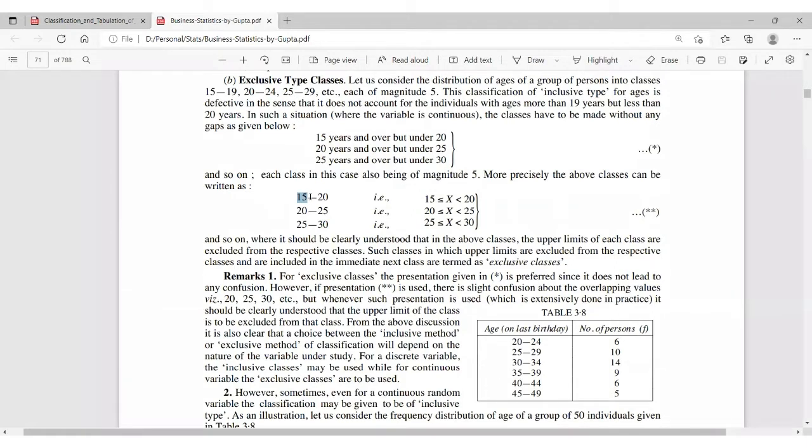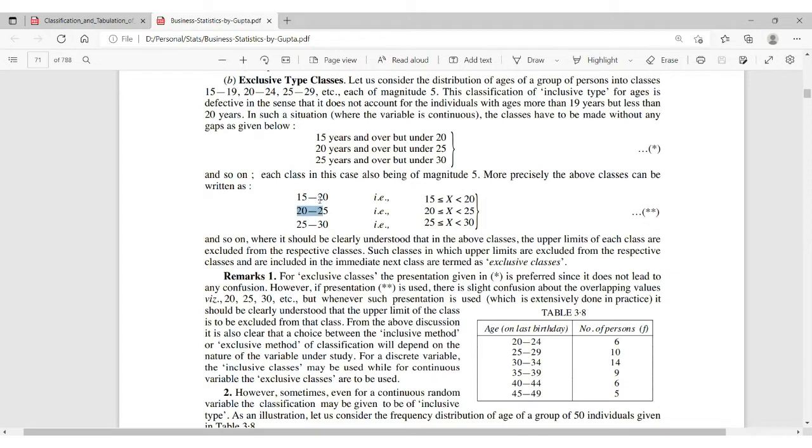So whenever the upper limit of a class is the lower limit of its next class, then it is the exclusive type. So what we do in this case, see, in the first class there is 20, right? If any number comes to be 20, then it must be taken in second class.